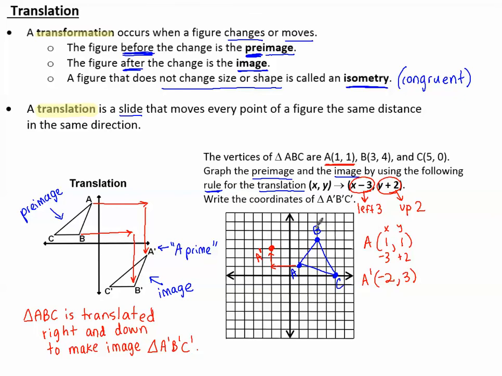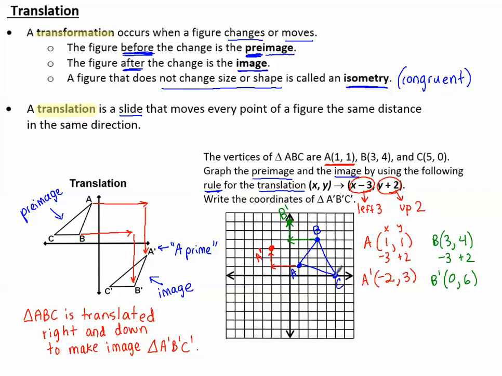For point B, which is the point (3, 4), I subtract 3 from the x and add 2 to the y. So point B prime will be (0, 6). Or I can go 1, 2, 3 left and up 2, and there is point B prime. Either way, I get to that point (0, 6).